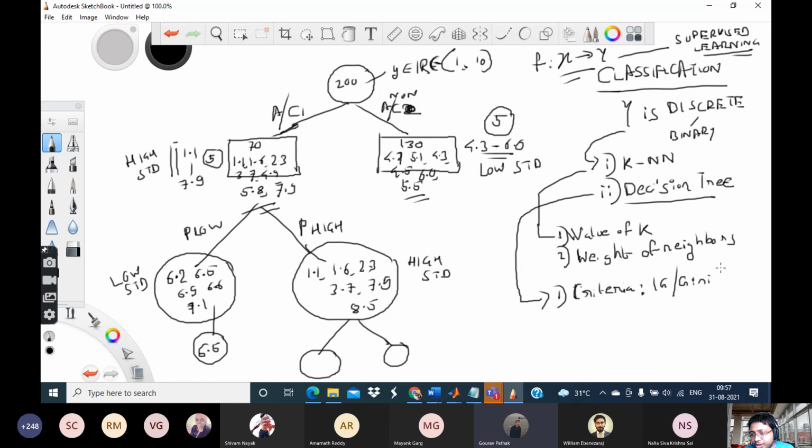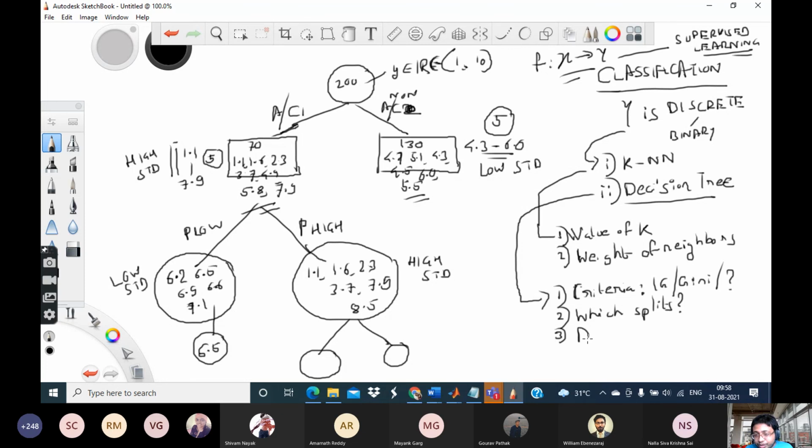That is a design choice which we have to make. Secondly, which splits to evaluate. As I said earlier, the number of ways in which the features can be split can be arbitrarily large. If the features are real valued, then it is actually infinite. Even if the features are discrete, the number of splits can be quite large. So which splits to consider? We cannot evaluate all splits. That is also a choice you have to make.